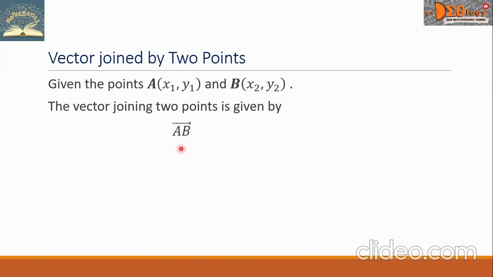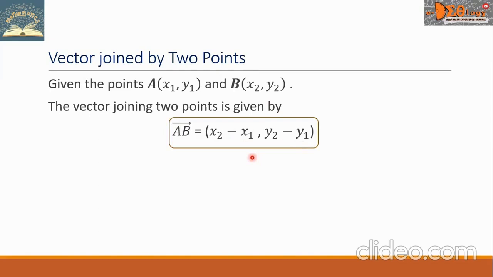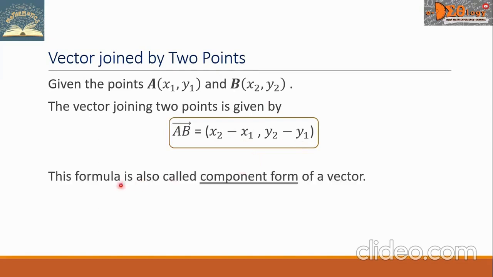This is our notation. The formula is the ordered pair where the x coordinate will be x sub 2 minus x sub 1, the y coordinate y sub 2 minus y sub 1. This is our working formula. This formula is also called component form of a vector.